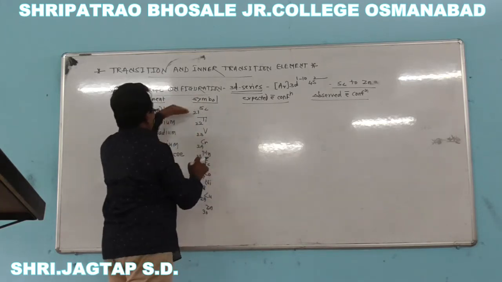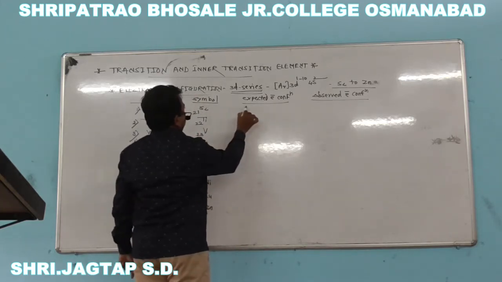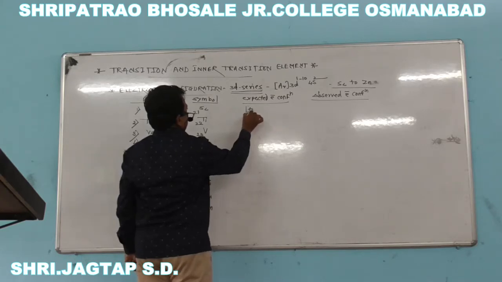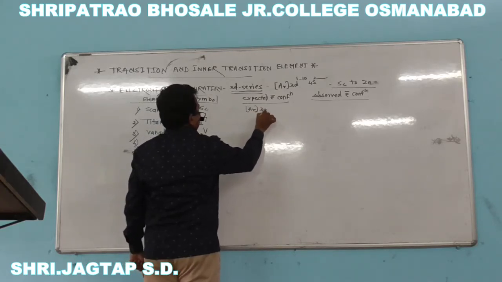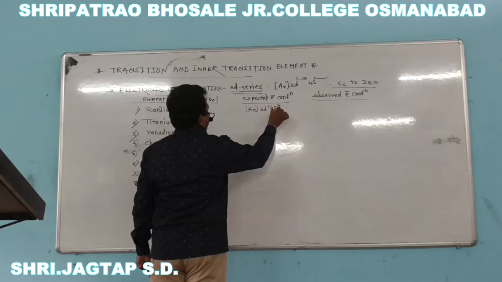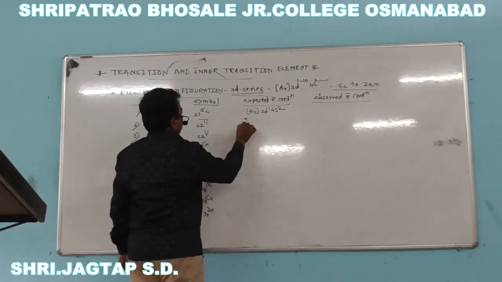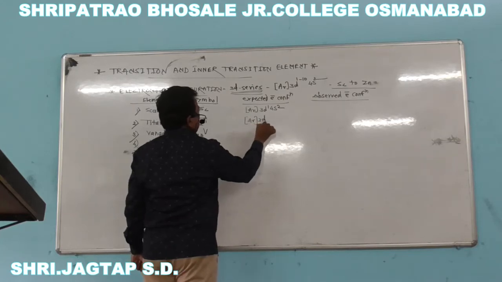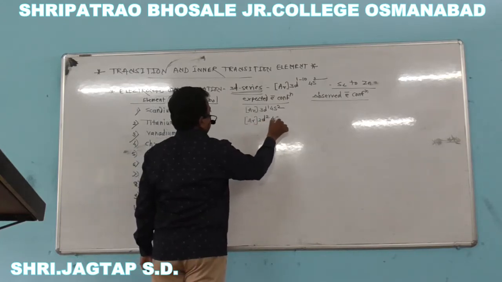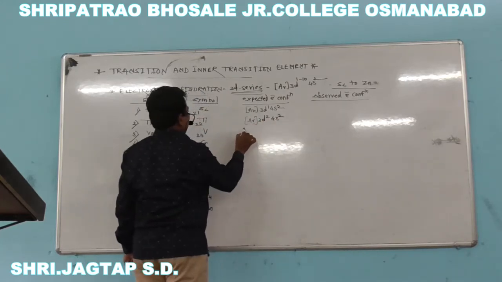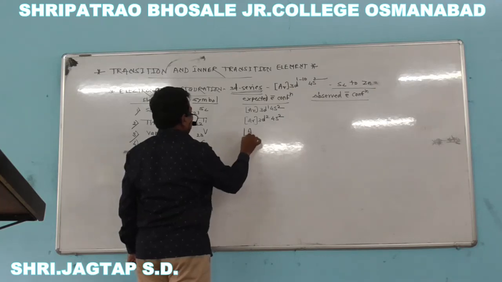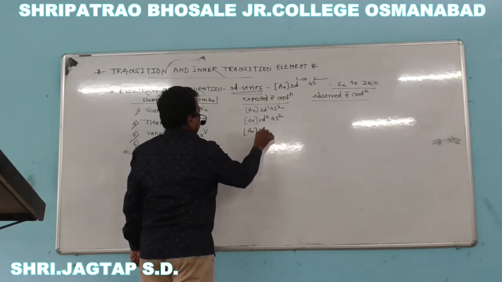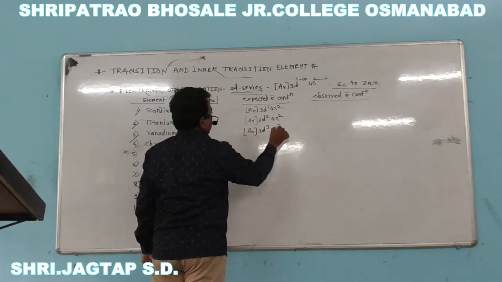The expected electronic configuration of scandium is 3d1 4s2. Then titanium 3d2 4s2. Then vanadium 3d3 4s2.